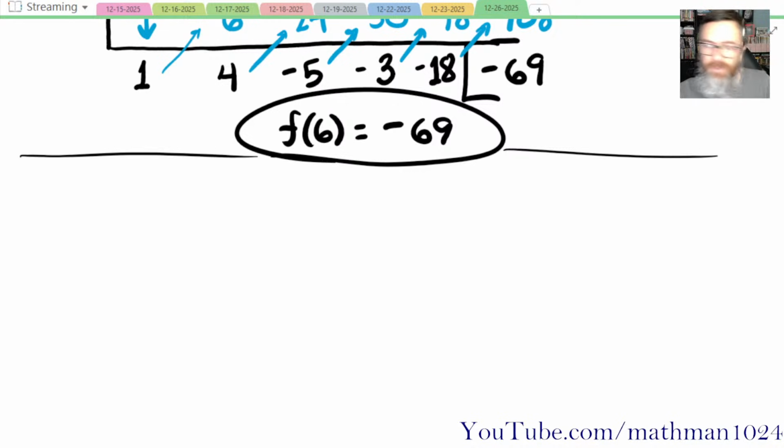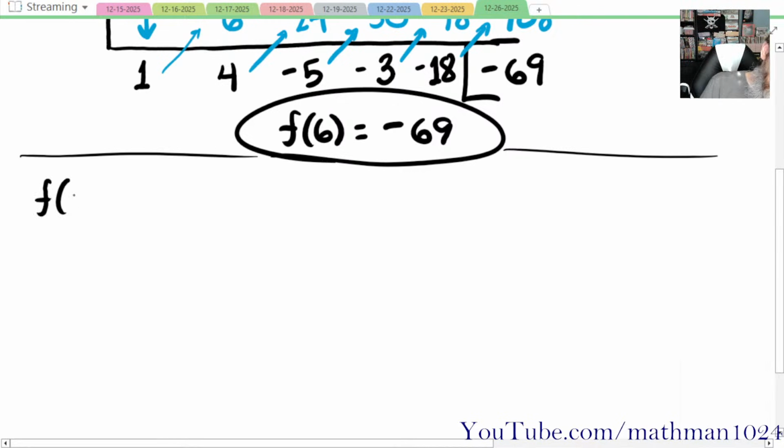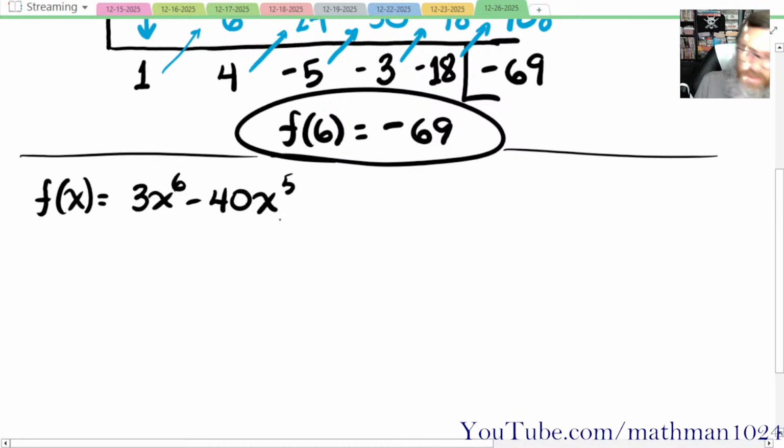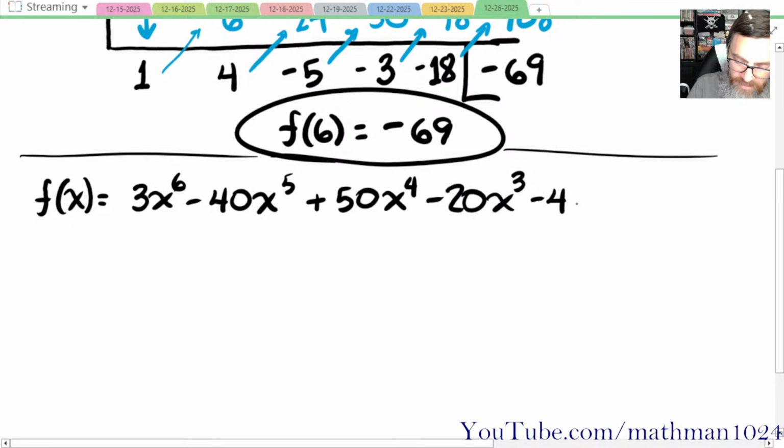Yeah, okay, let's do this. If I say f of x is 3x to the 6th minus 40x to the 5th plus 50x to the 4th minus 20x to the 3rd, minus 48x squared plus 7x plus 103.